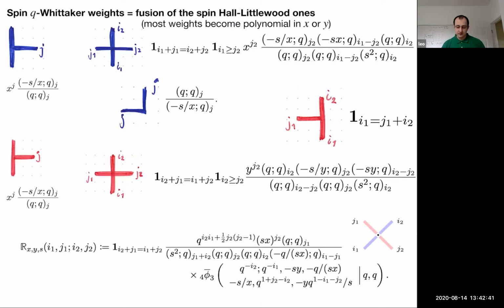It doesn't have a product form. It has a form involving a q-hypergeometric function 4φ3. Also, these weights probably should be expressible through q-Racah orthogonal polynomials in a single variable if you match the parameters. So these weights satisfy the Yang-Baxter equation.